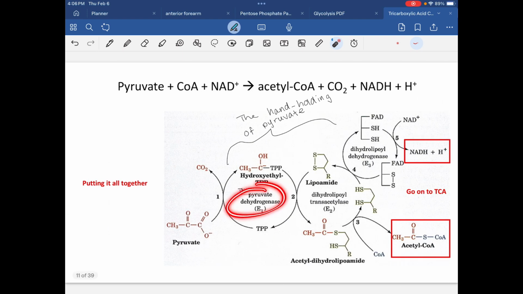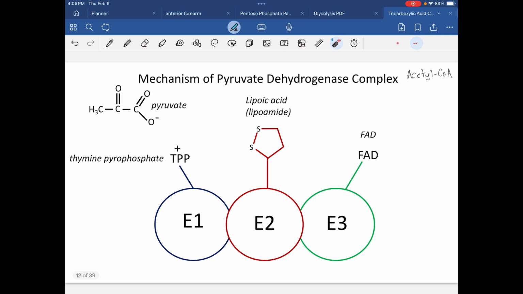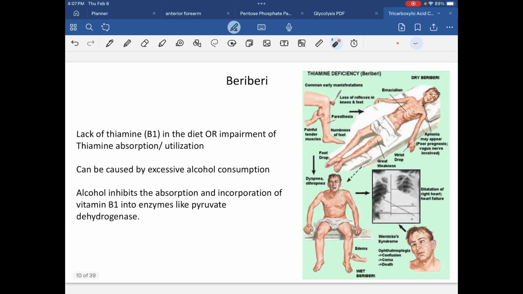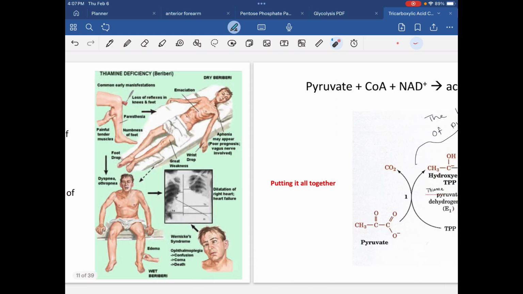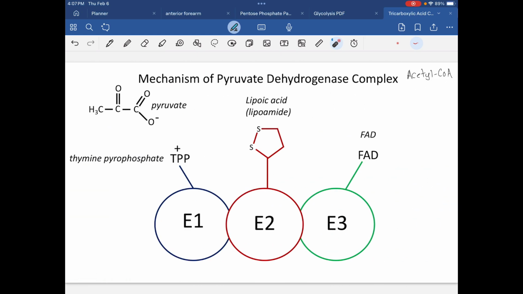Now the names of these enzymes are right here, but while I talk about it, I'm just going to call them E1, E2, E3 for simplicity's sake. So remember, in our pyruvate dehydrogenase complex, we have the 3 enzymes that we just talked about. We also have 5 coenzymes, 3 of which are shown here right now.